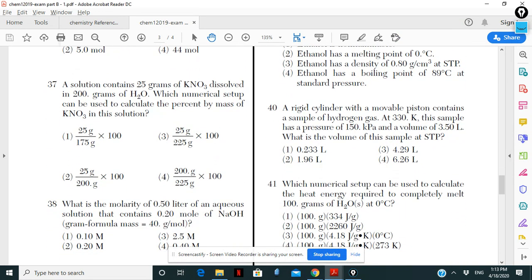Question number 37. A solution contains 25 grams of potassium nitrate dissolved in 200 grams of water. Which numerical setup can be used to calculate the percent by mass of the solution?